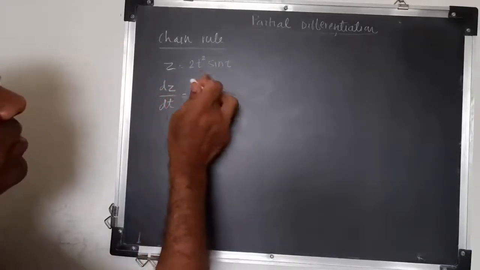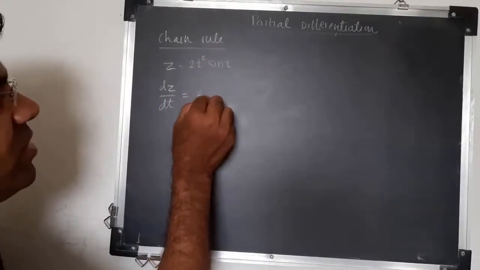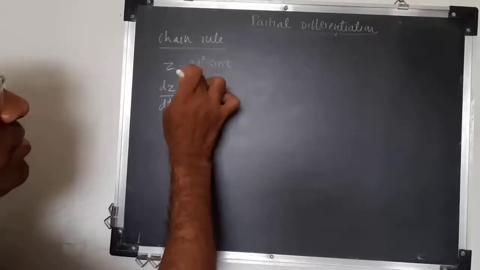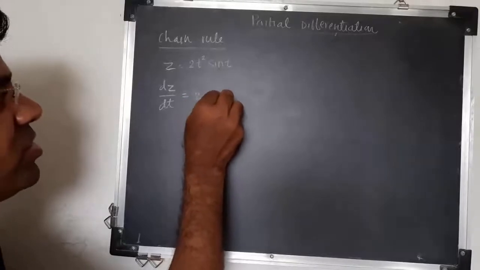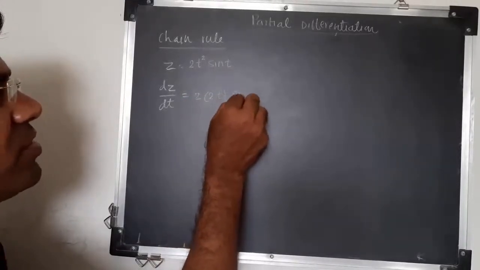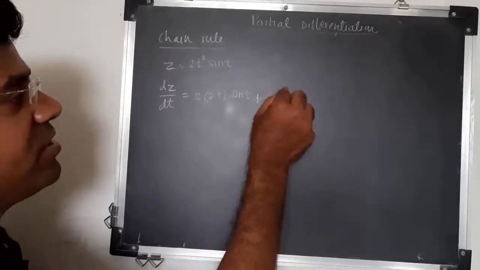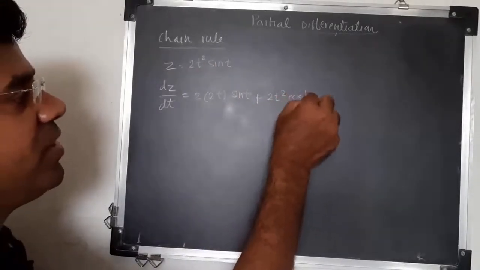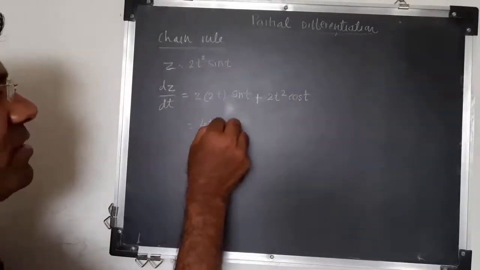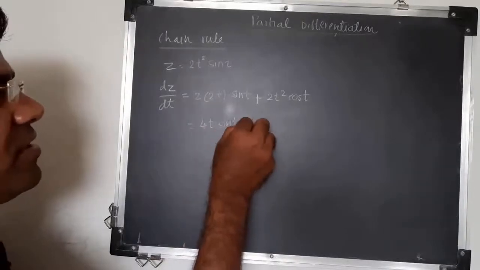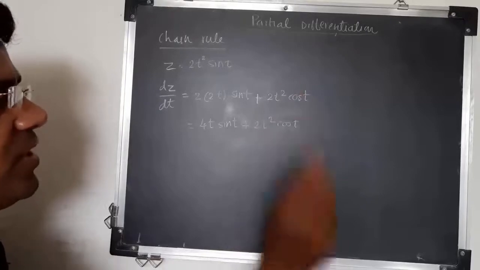So I will keep sine t as constant and differentiate 2t square, so this is 4t. Or otherwise I'll write one more step: 2t square is a constant and the sine derivative is cos of t. So I'll get the answer: 4t sine t plus 2t square cos of t.